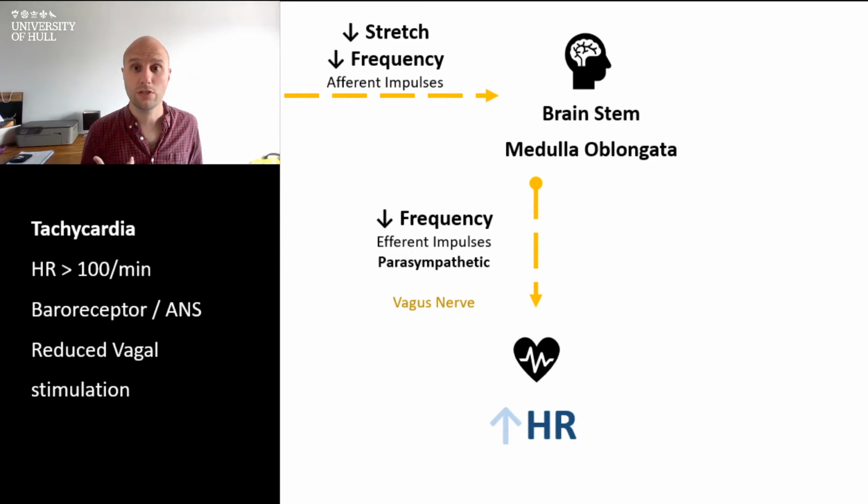And if the blood pressure is low, then there are less frequent vagal impulses to the heart. And you recall the vagus nerve acts like a brake on the heart. So if you're not pressing as hard on that brake, then the heart rate will go faster and you'll get the tachycardia.